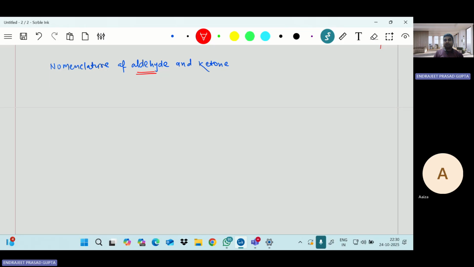Nomenclature we have already done, but we'll see some new compounds, like complex structures.